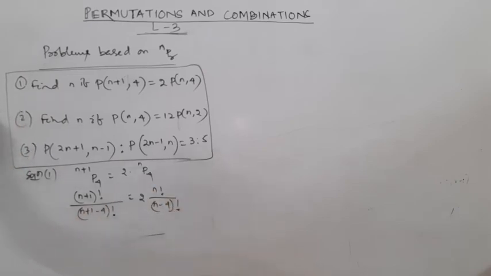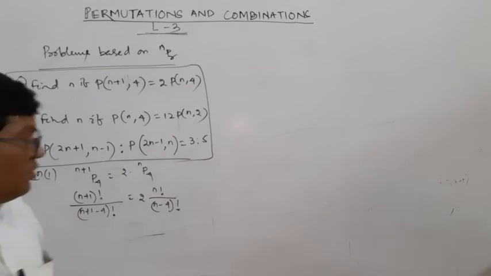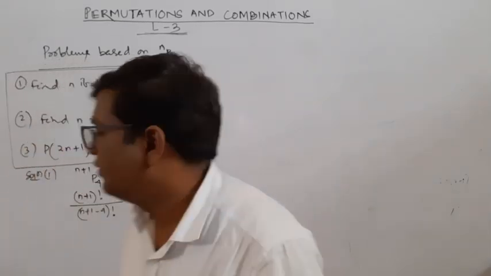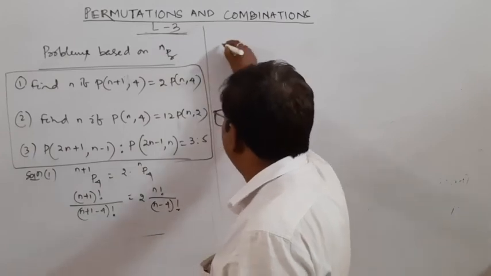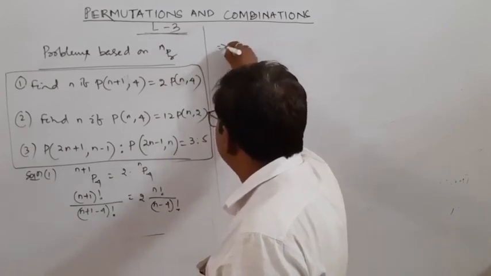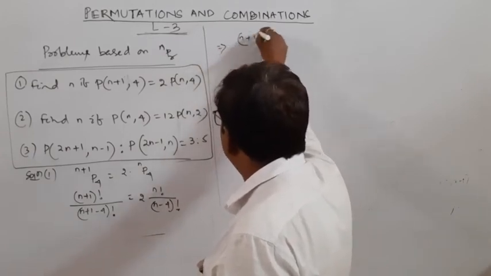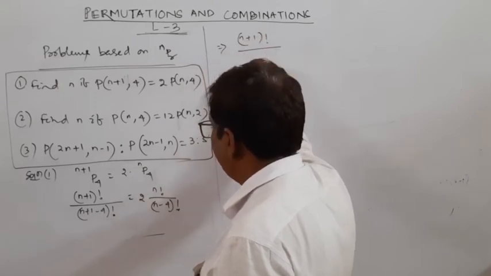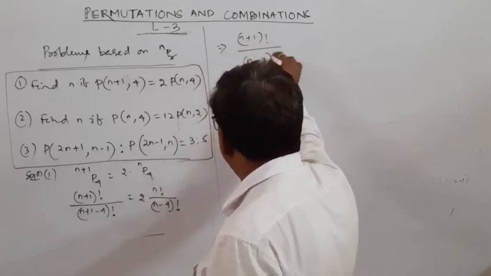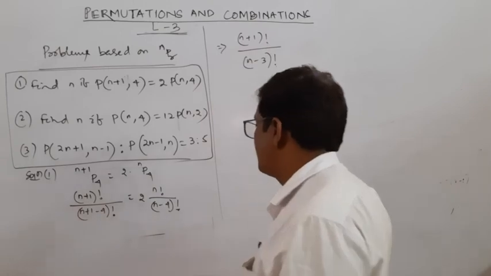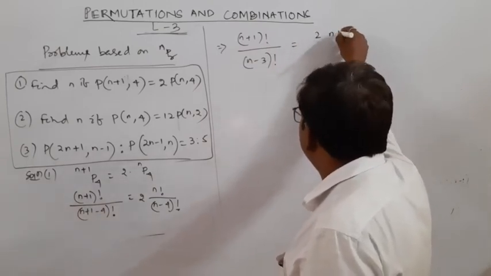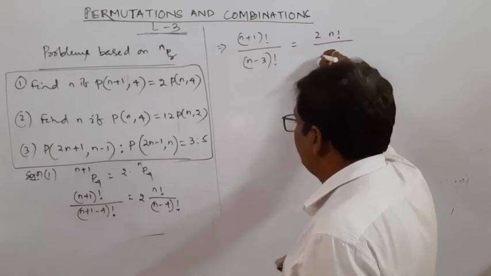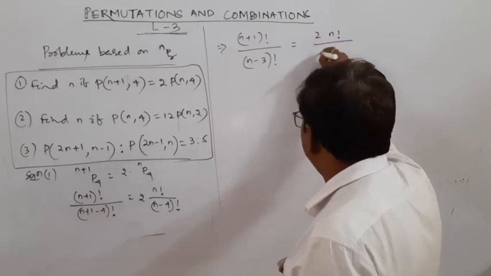Now simplify this. That implies (n+1) factorial divided by (n minus 3) factorial is equal to 2 into n factorial divided by (n minus 4) factorial.